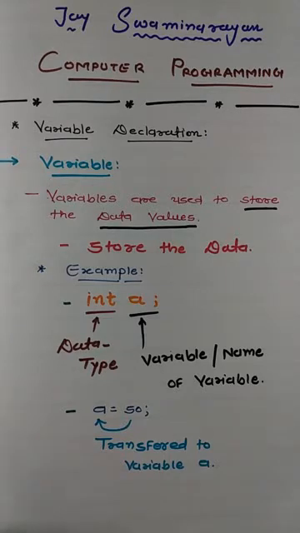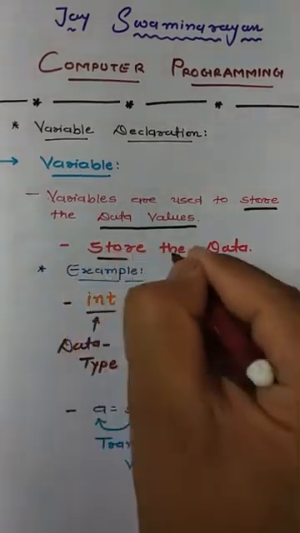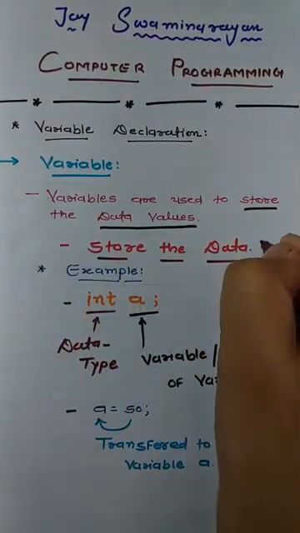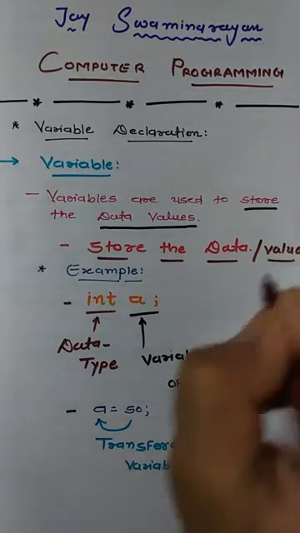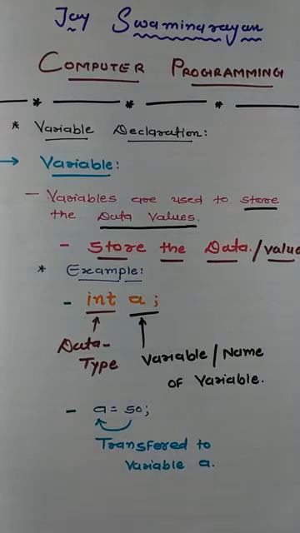So simply we can say that the variable is used to store the data or value, but before storing the data we have to declare the variable.